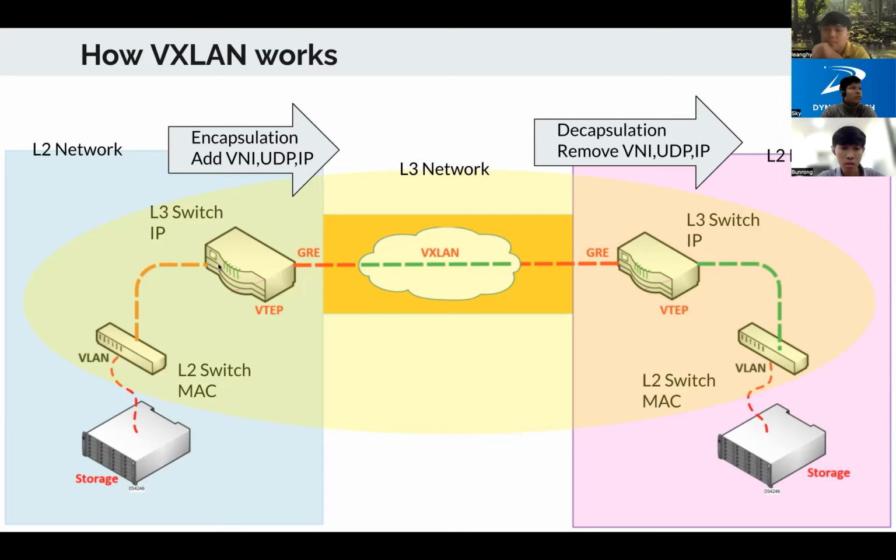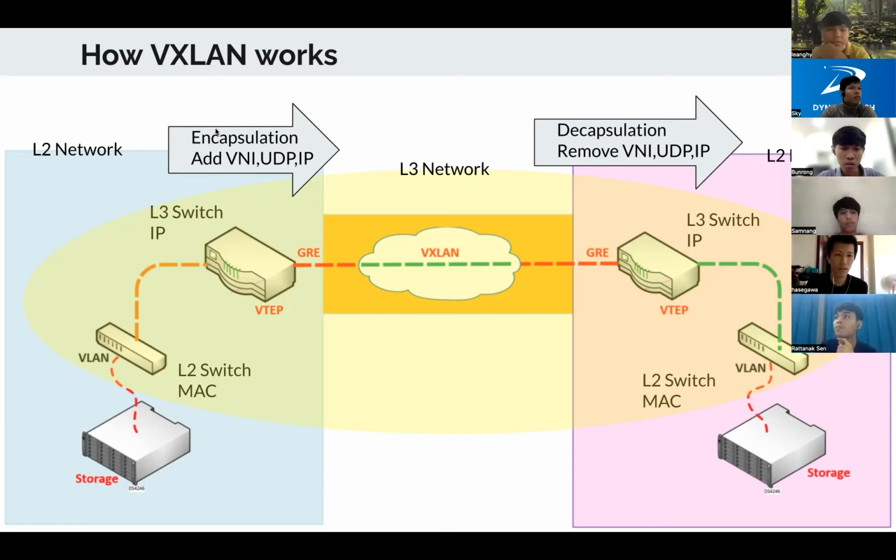In VXLAN, the router or switch does encapsulation. Encapsulation adds the VXLAN network ID, VXLAN ID, and UDP and IP.